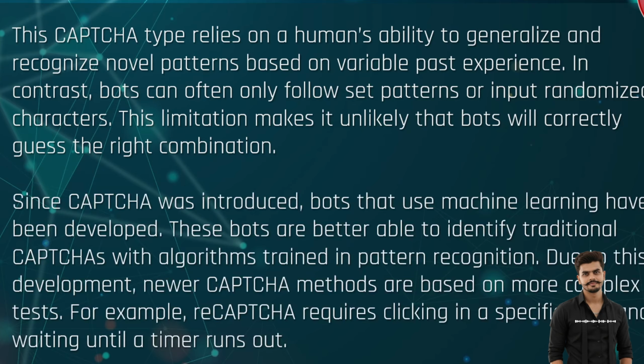Since CAPTCHA was introduced, uses of machine learning have been developed. These bots are better able to identify traditional CAPTCHAs with algorithms trained in pattern recognition. Due to this development, new CAPTCHA methods are based on more complex testing performance. For example, a CAPTCHA requires clicking in a specific area and waiting until a timer runs out.